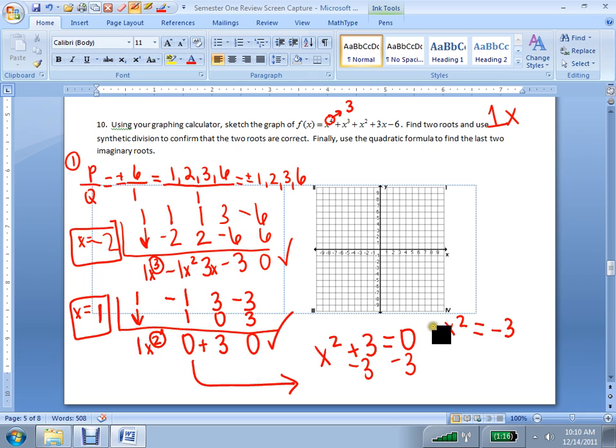Then you're going to take the square root of both sides. Okay, sorry, x equals plus or minus, and now you have to remember that anything that's like a square root of a negative is really i. So then you're going to take 3i.